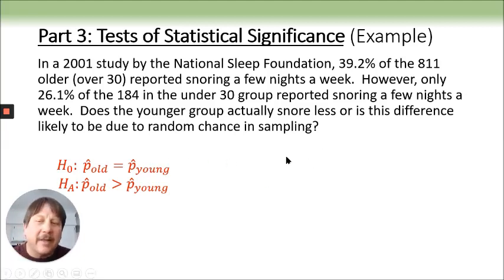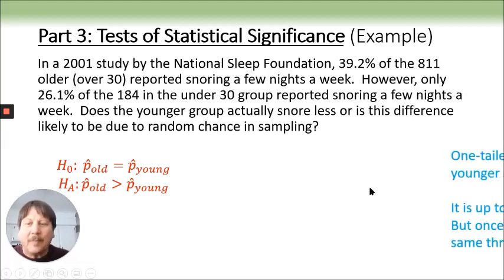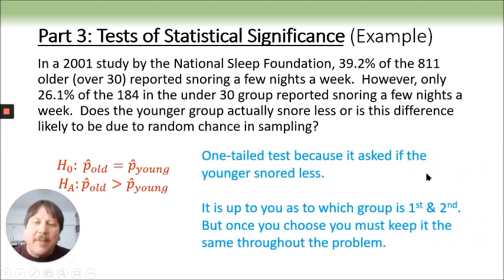You should notice that if you're doing the AP test, whatever you write, you need to make some reference. If you say p hat 1 and p hat 2, you need to have some statement that says which of these is 1 and which one is 2. Or you can label them with names that make that clear. Anyway, this is a one-tailed test because it asks for younger snores less.